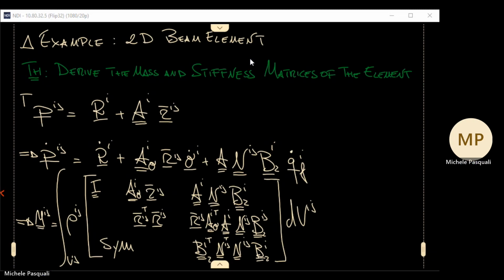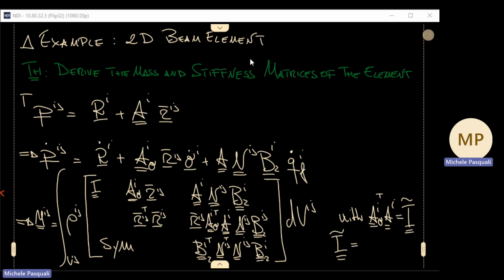Where we consider that A theta I transposed applied over A, we call it I tilde, the I matrix tilde, which is a very simple matrix.